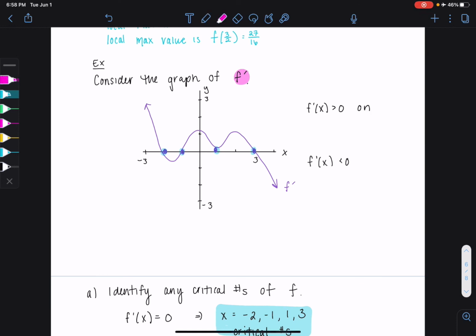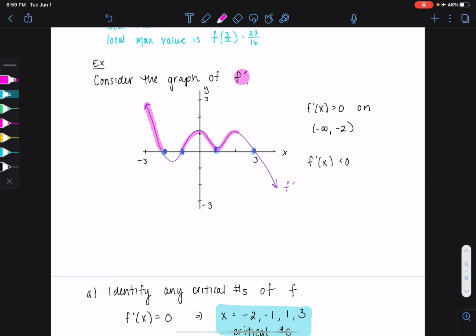So my derivative is positive from negative infinity up to negative 2.